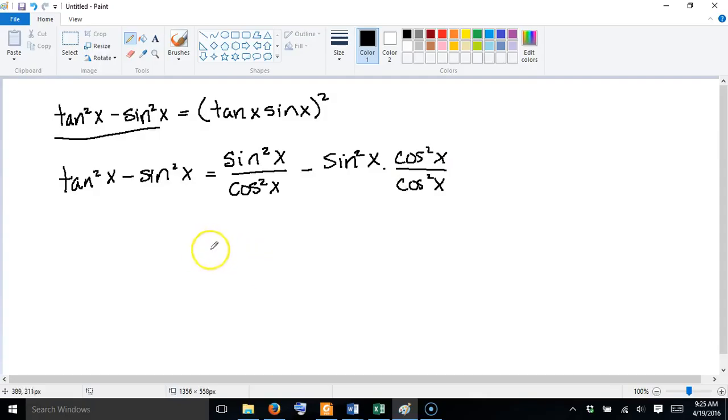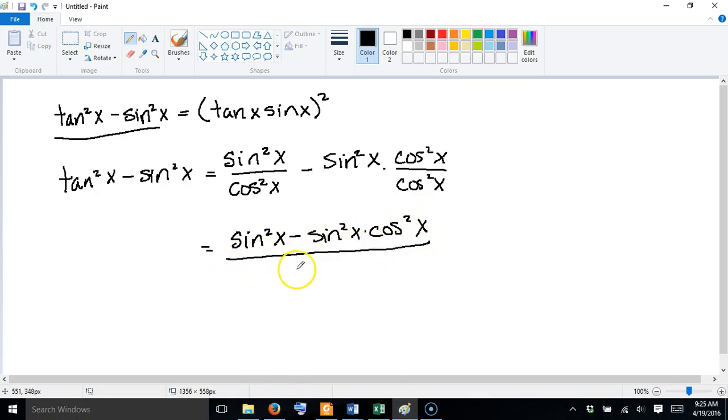All right, now I'm going to keep this all in its factored form. So sine squared minus sine squared times cosine squared, all over cosine squared x.